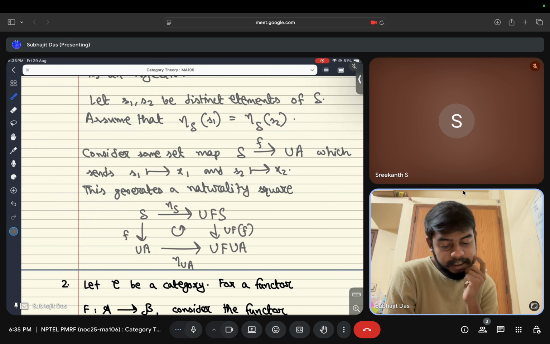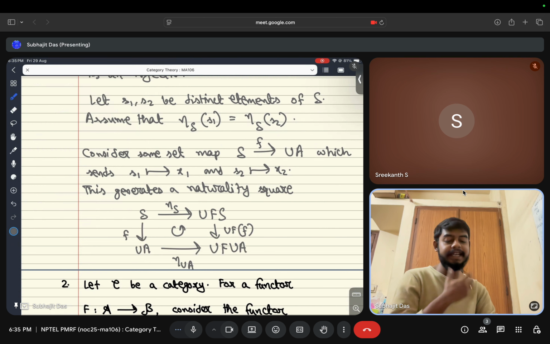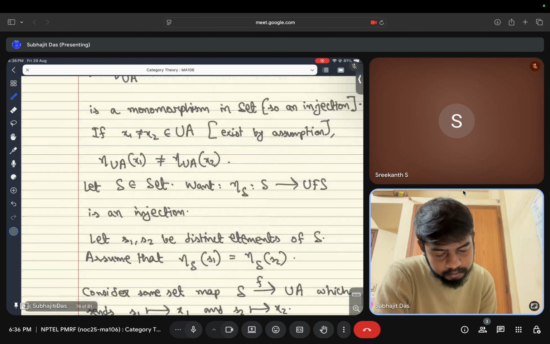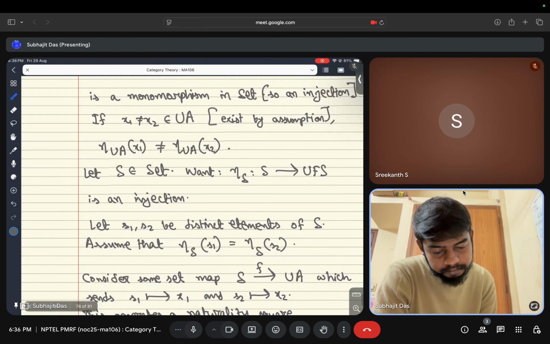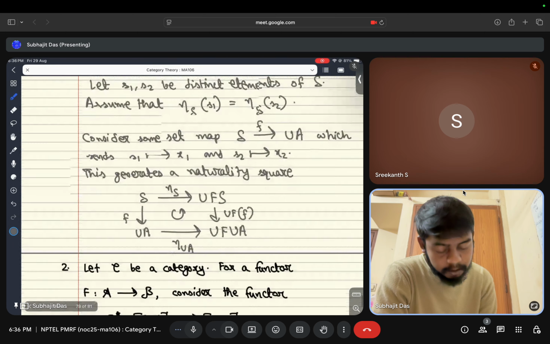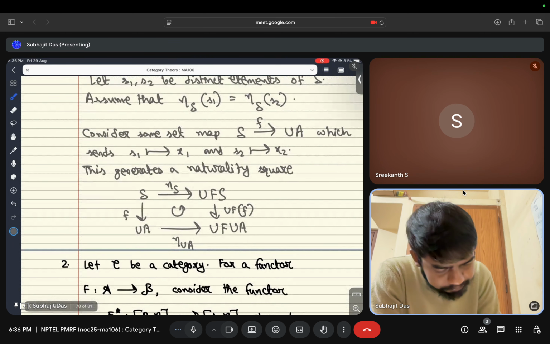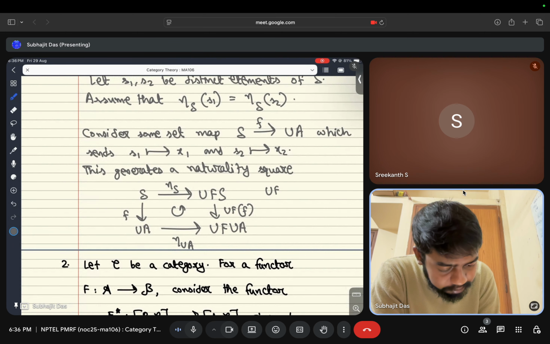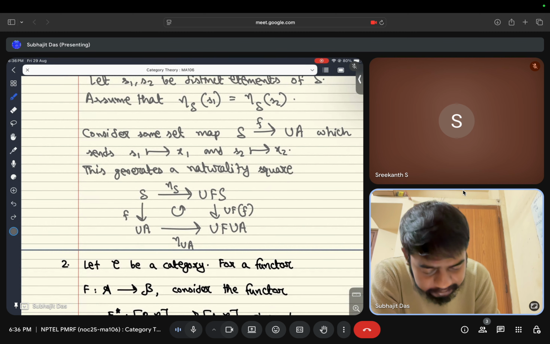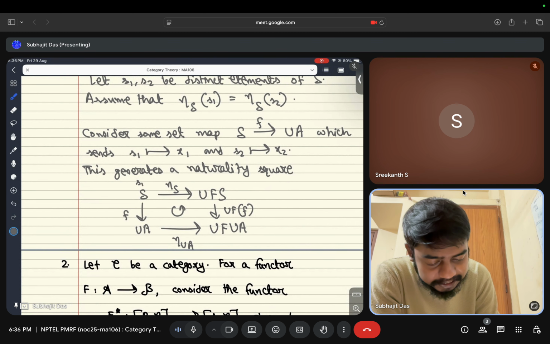So we can take S1 and S2, eta at S applied on S1, they are equal under UFF. I think this should work. So UF of the naturality square. Let's not write much. You start with S1, under eta S it gets mapped to eta S of S1.